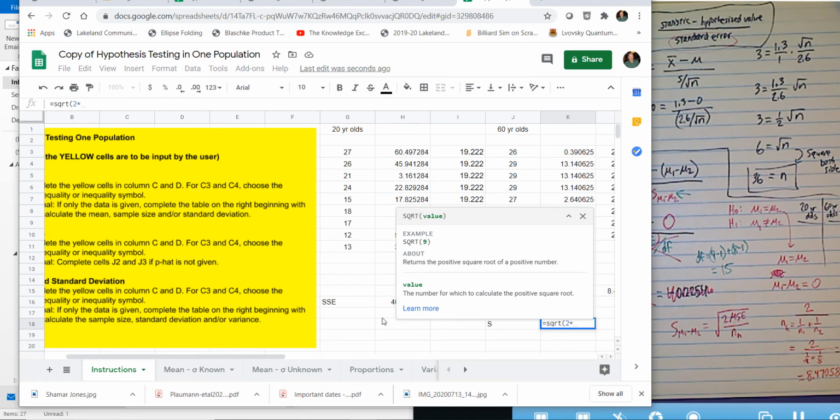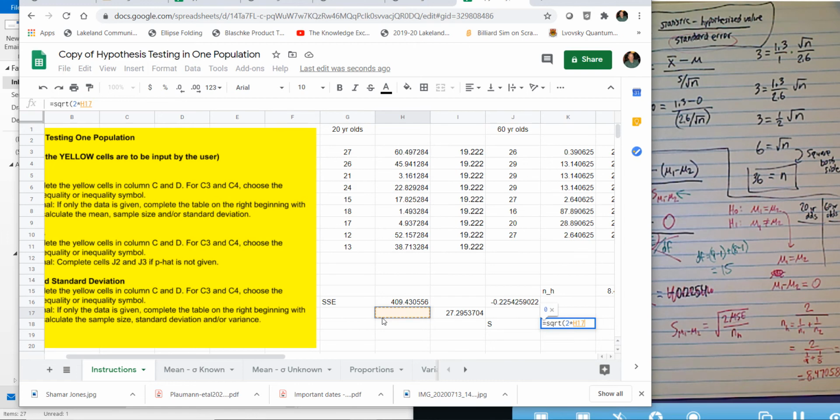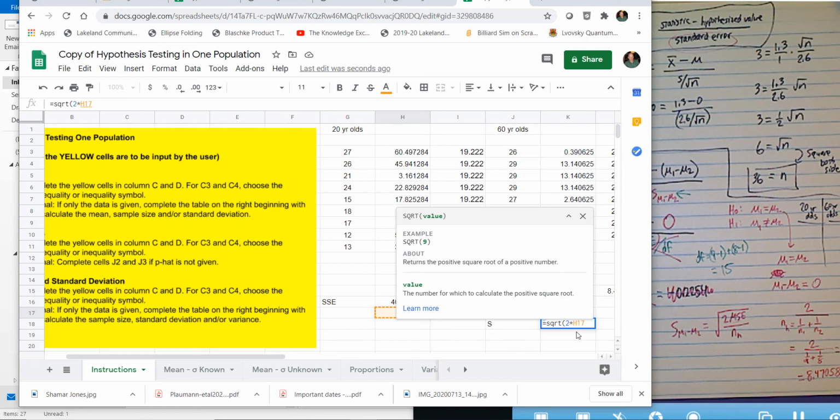The MSE was the SSE divided by the degrees of freedom. So I'll say it's 2 times SSE divided by the degrees of freedom.